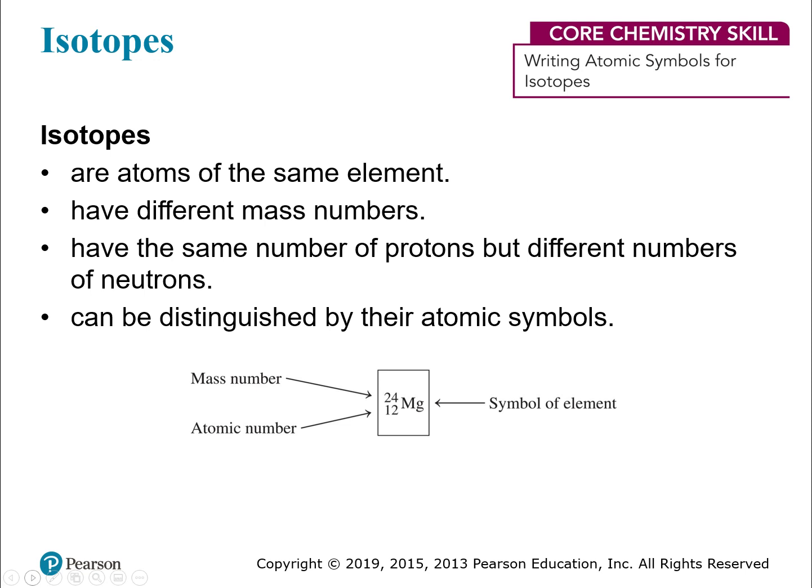To write an atomic symbol, you first have the symbol of the element, and then you write the mass number as a superscript on the top left and the atomic number underneath that. Remember, the mass number is the protons plus the neutrons, and the atomic number is just the protons.